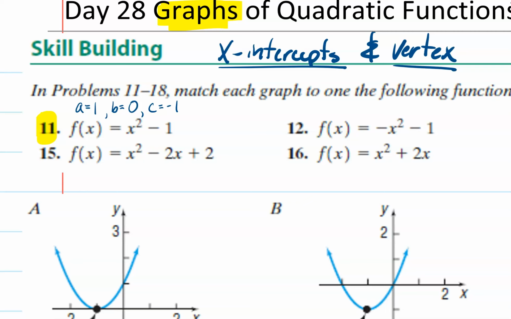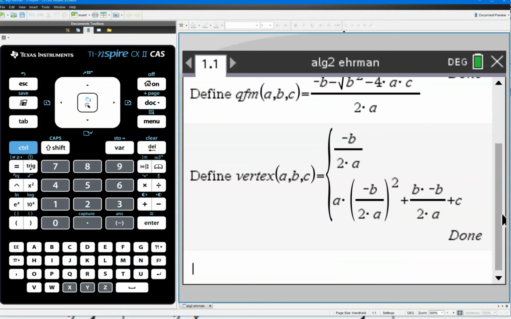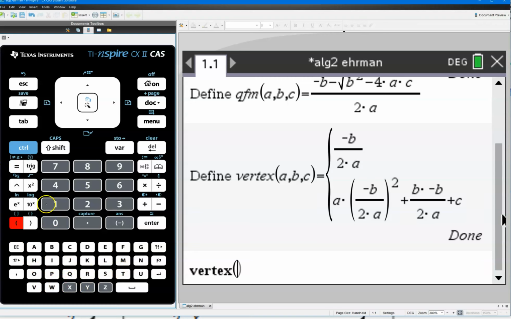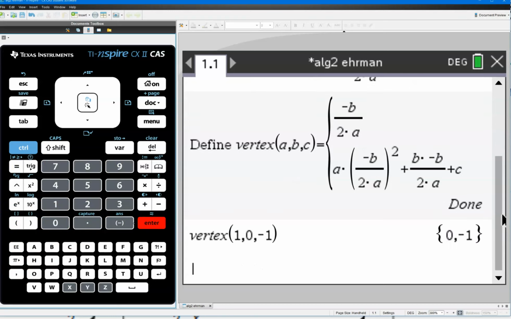So if I run my vertex equation in my graphing calculator with an A value of 1, B 0, and C -1, we should be able to identify the vertex of this graph. So I'll go ahead and type that in. We've got vertex, parentheses, 1, comma, 0, comma, -1, and press enter.